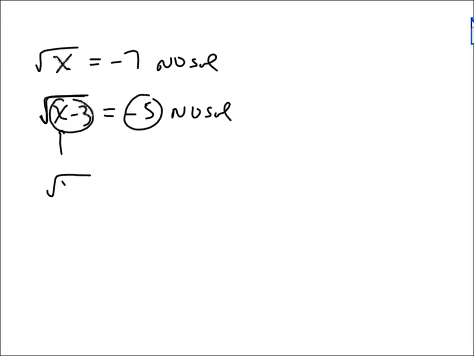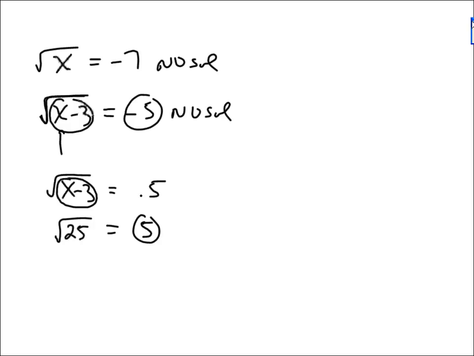Now, if I tell you the square root of x minus 3 is equal to 5, you should know what goes underneath that square root sign. The square root of 25 is 5. That is, this must be 25.